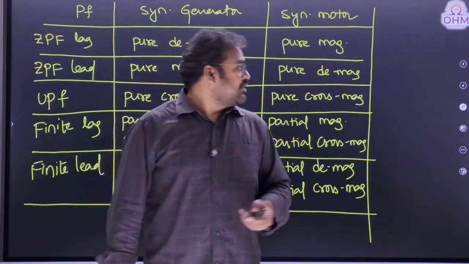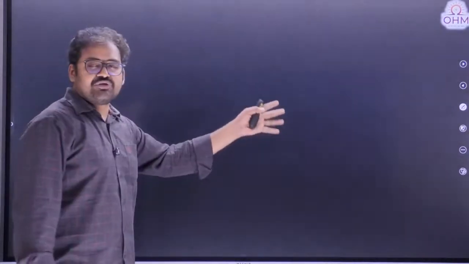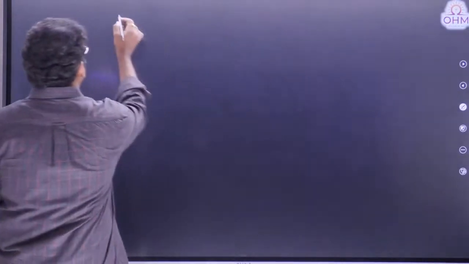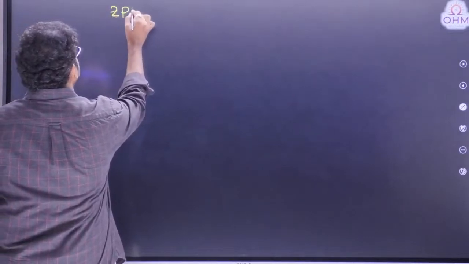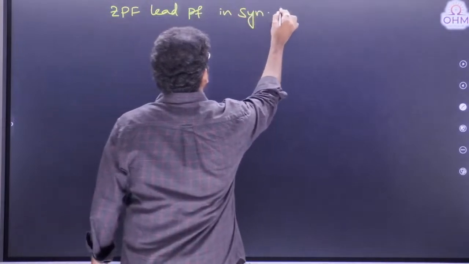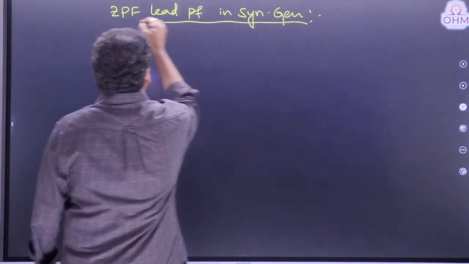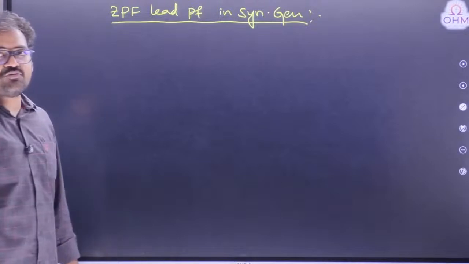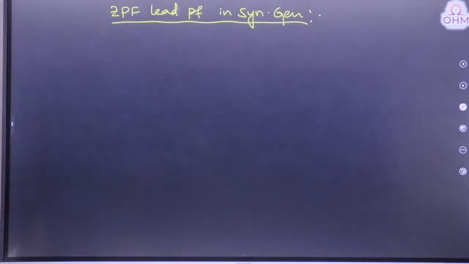I'll give you half a minute, 30 seconds exactly. Draw the phasor diagram for finite leading power factor or ZPF leading power factor in a synchronous generator. Draw the phasor diagram and understand the nature of armature reaction.